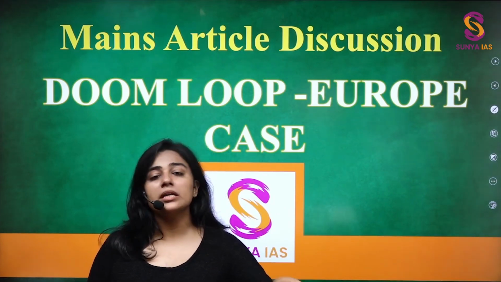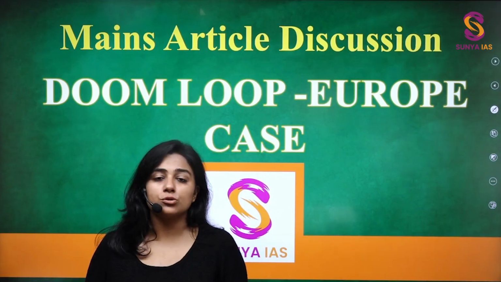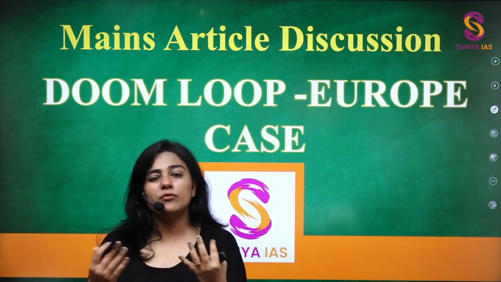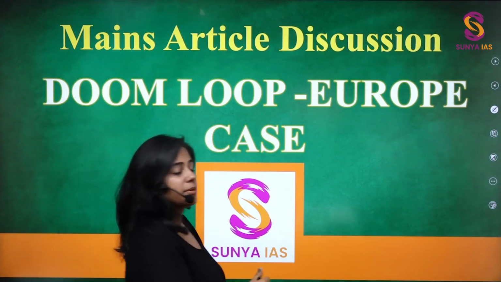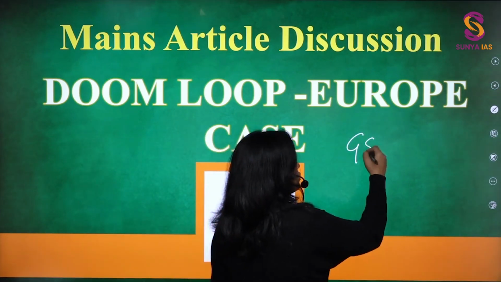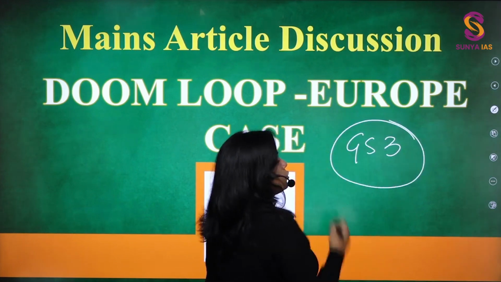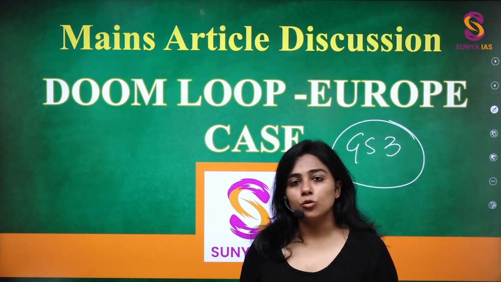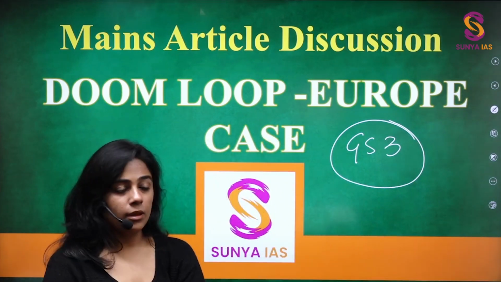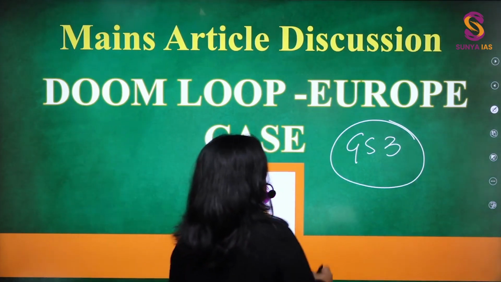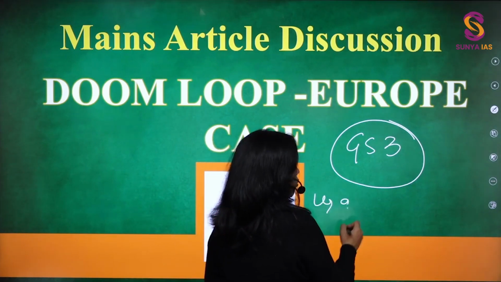And the Eurozone as a zone also is considered at the helm of the doom loop. We'll talk about why. But for your UPSC examination, this is important for GS3. You will not get a question directly on what is a doom loop, how can a doom loop be avoided and all. No. But you will get a question on global economy.